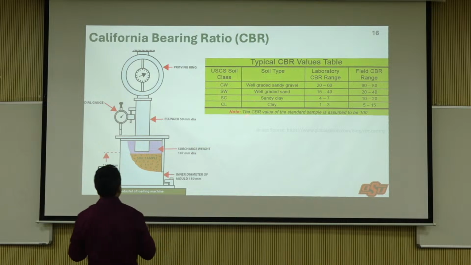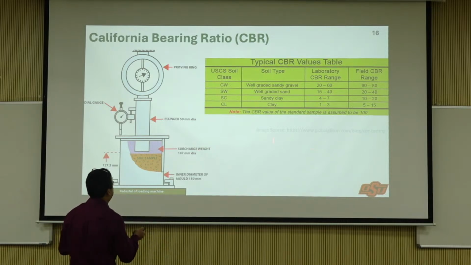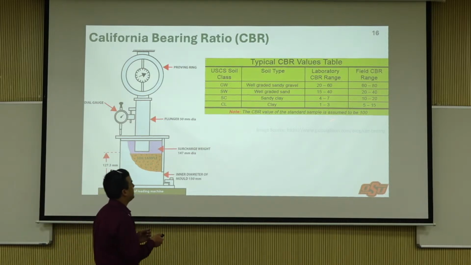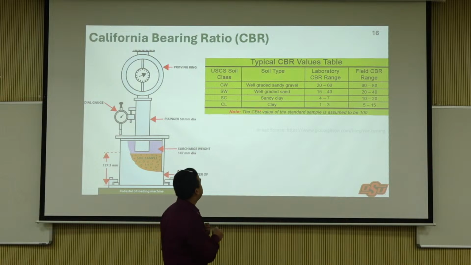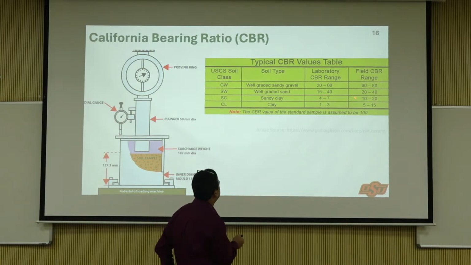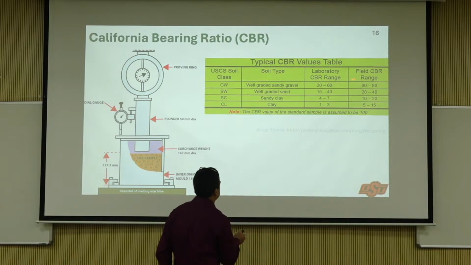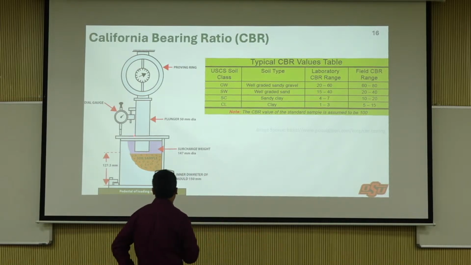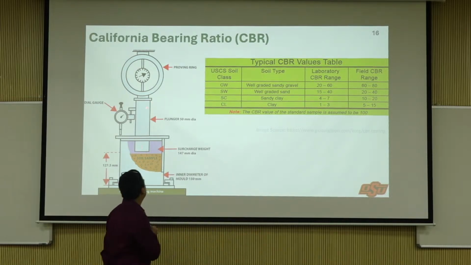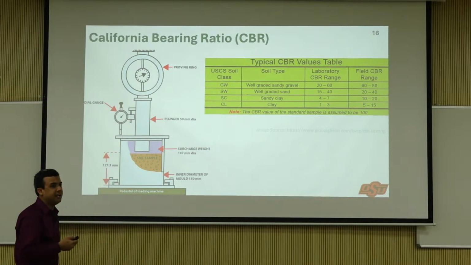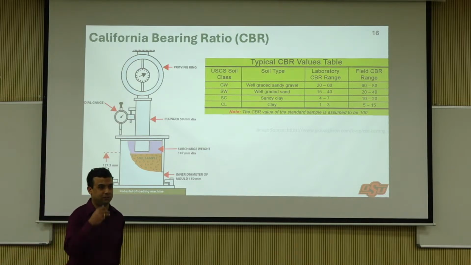This is a company called Gilson. They sell a lot of equipment. This is their website, and you can see some CBR ranges they report. This is a schematic of the setup. Of course, there is no proving ring these days. You have load cells, so you don't need a proving ring or a dial gauge.